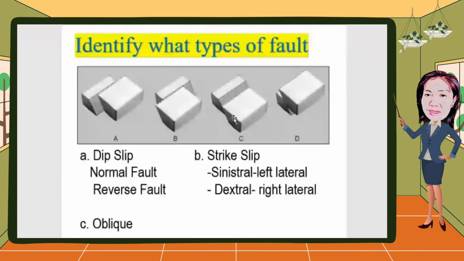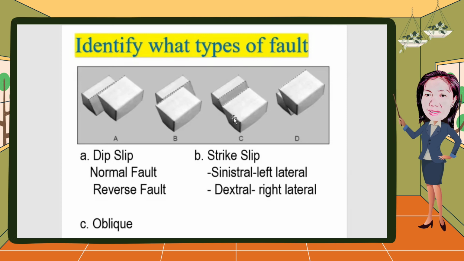Okay, so this time we have a formative assessment. Formative assessment is very important to identify if the student really understands the lesson. So I have here different models or pictures of types of faults.